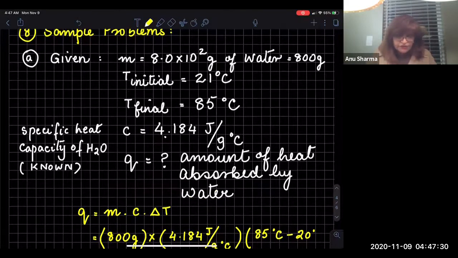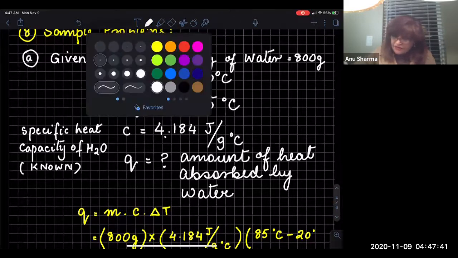Oh, okay, sorry, I wrote this wrong. This initially was 20 only. So 20 degrees Celsius.